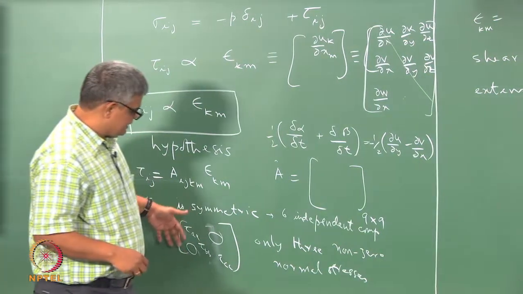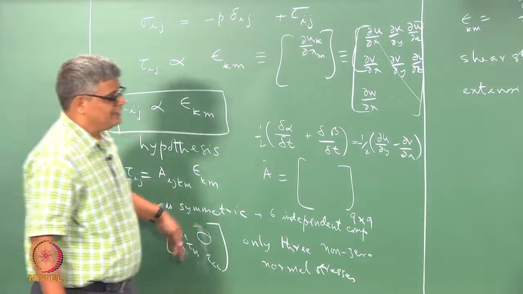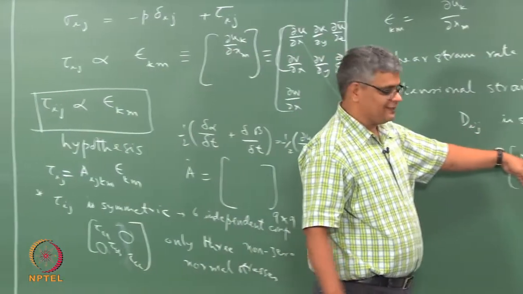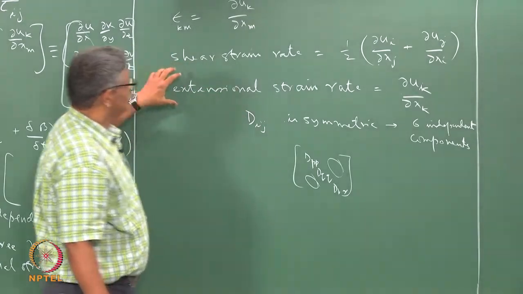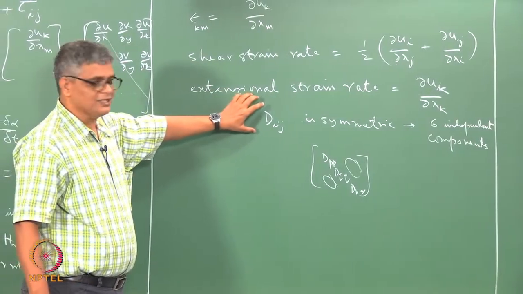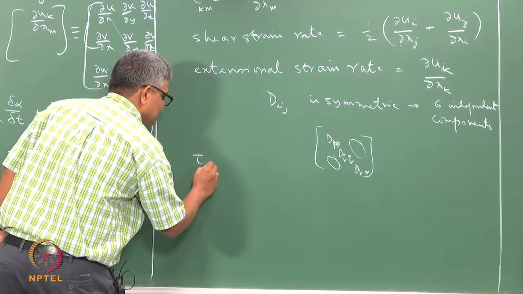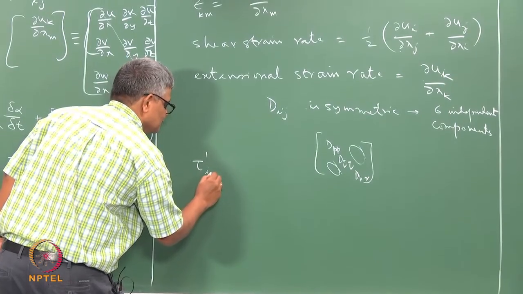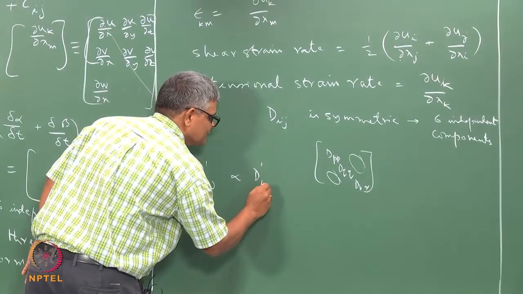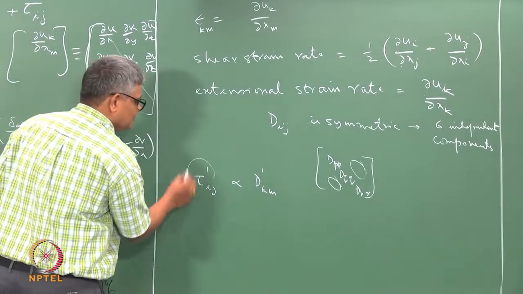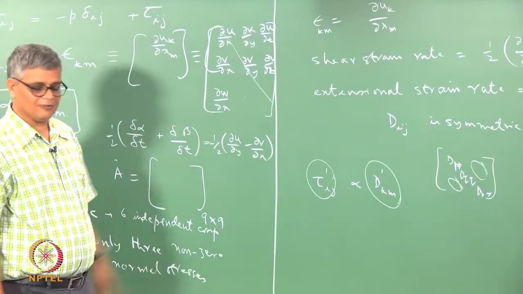So, this means that now we have a set of coordinate axes in which we have only 3 stress components, and another set of coordinate axes in which only 3 non-zero components of the strain rate deformation rate tensor, and we would like to have a relation between this tau ij versus d prime km, where these are the specially rotated operations here.